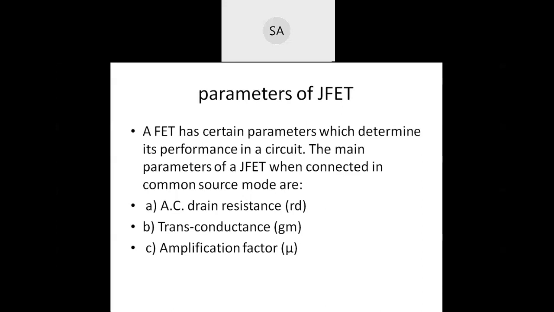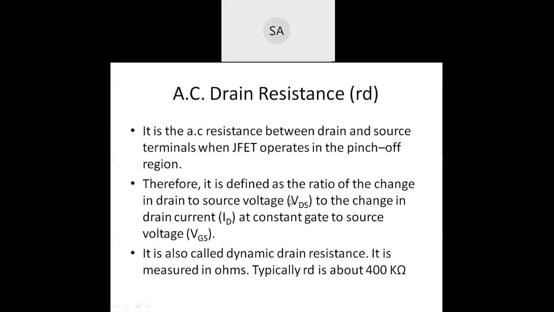So the parameters of the JFET are AC drain resistance, that is RD, transconductance, which is represented with gm, and amplification factor, which is represented with mu. So what is drain resistance?